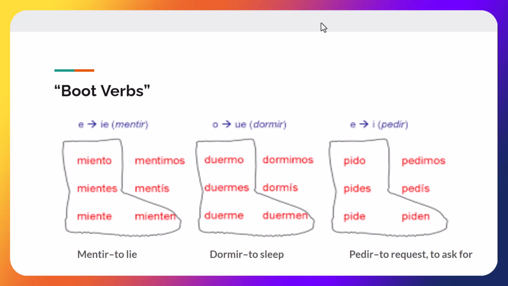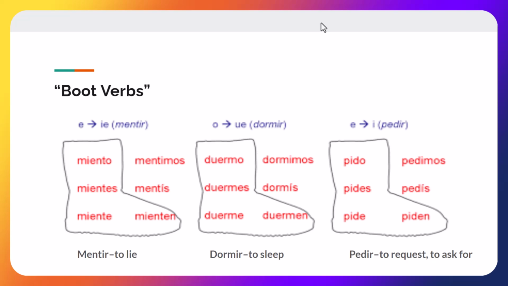Usually when you look these verbs up, either in the dictionary or in a glossary or someplace, they will let you know right with the verb that it is stem changing and how it stem changes. Obviously, if there is an E in the stem, then we need to know for sure whether it's regular or not, or if there is an O in the stem, we need to know whether it is regular or not, and the dictionaries will always tell you.